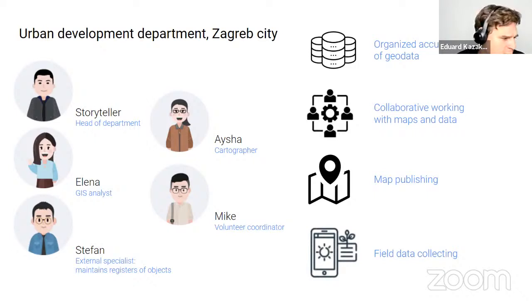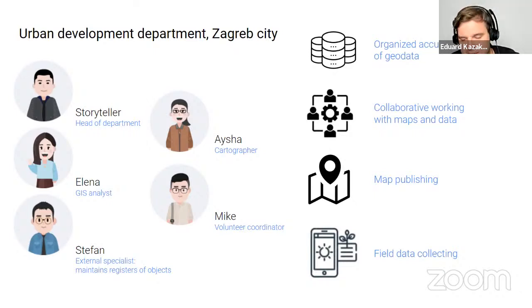As you can see, all these processes, they're quite typical ones. So you can do anything. You can work in oil and gas, or in cadastral, or biology, nature conservation, whatever. And your geospatial data workflows will include these points. Yeah, so how to organize and accumulate data, how to work with this data collaboratively, how to publish maps, and how to collect the data.